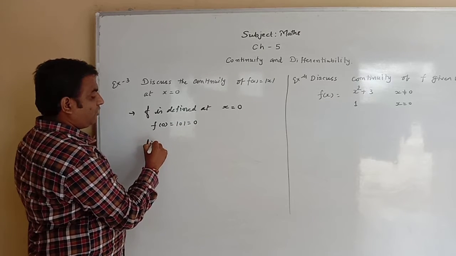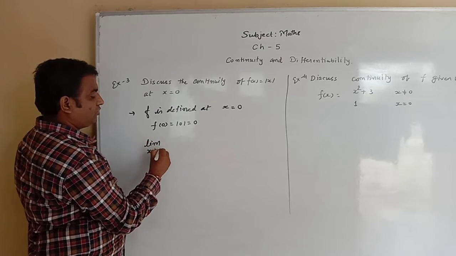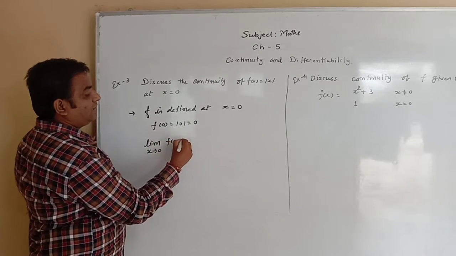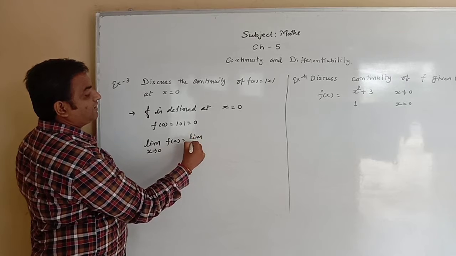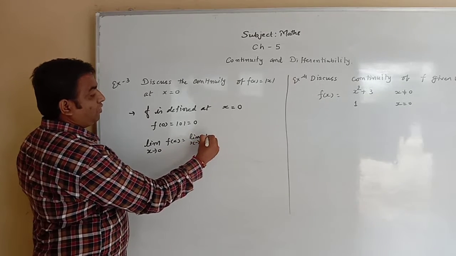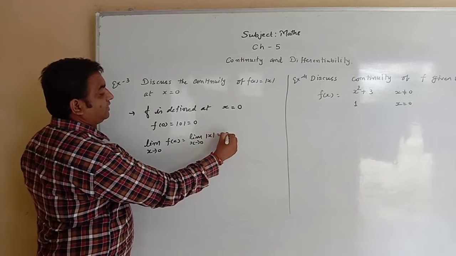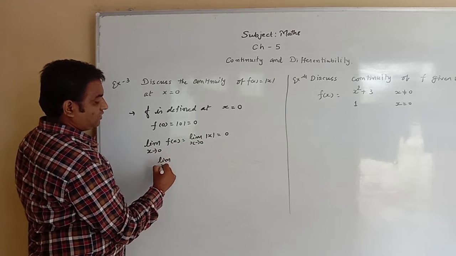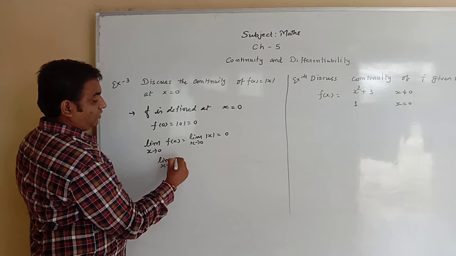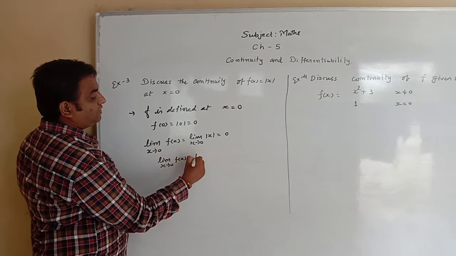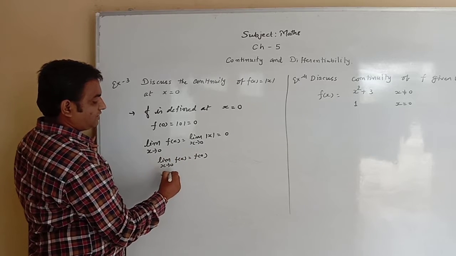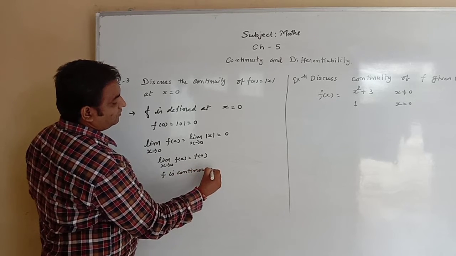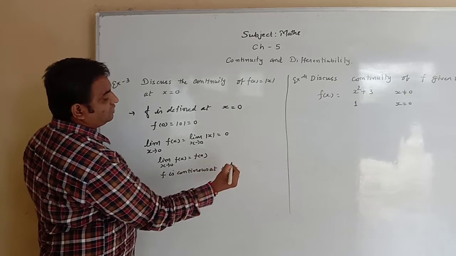Now we find the limit as x tends to 0 of f(x), which is the limit of modulus x, and that is 0. So the limit equals f(0), and so f is continuous at x equals 0.